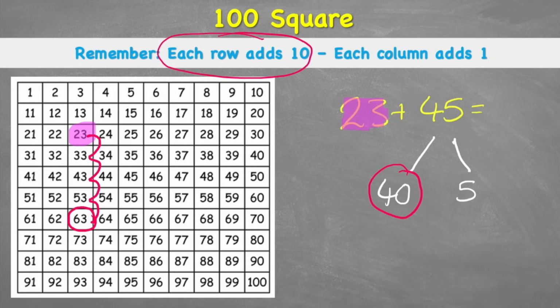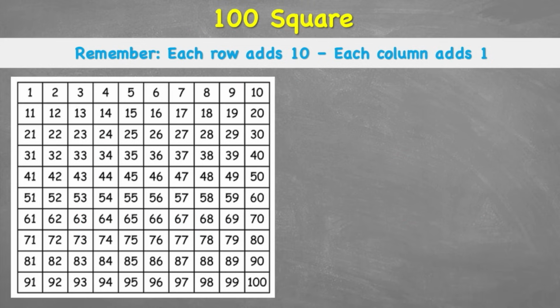And 63 is 40 plus 23. Now I need to add my 5. So I can say 1, 2, 3, 4, 5. And I land on 68. So my answer to 23 plus 45 is 68.